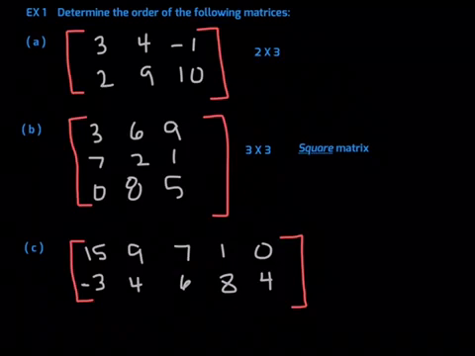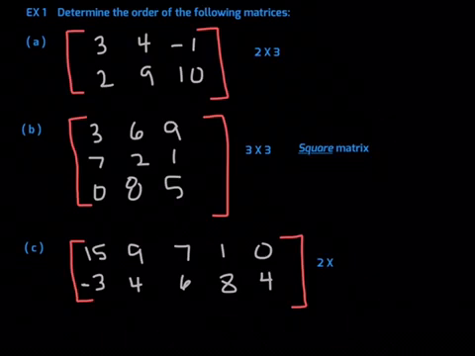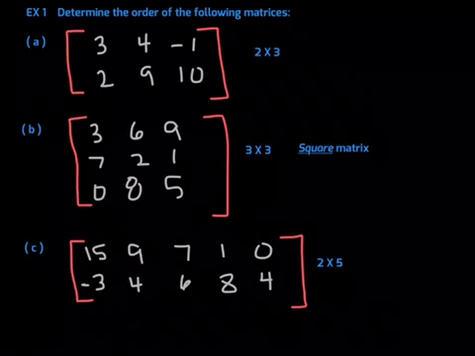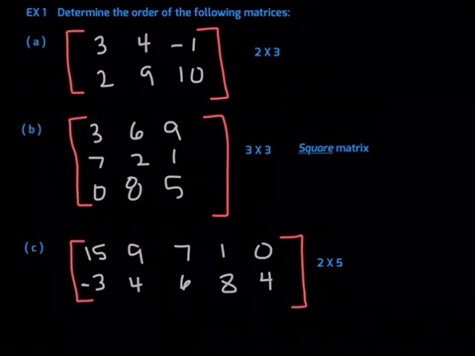All right, so I count 2. I hope you actually did that. I count 2 rows, and I count 1, 2, 3, 4, 5 columns. So this is a 2 by 5 matrix. It's not a square matrix because the number of rows is different than the number of columns. Okay, cool. We know how to find the order of a matrix.